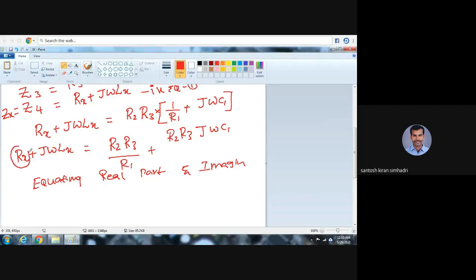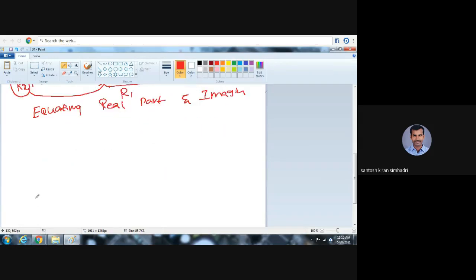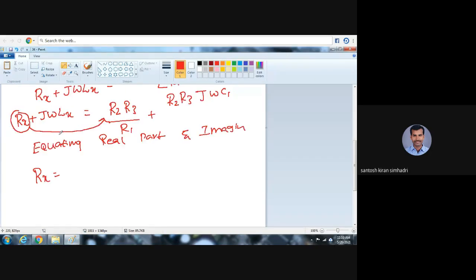This Rx is directly equal to this real part. Both are real. So finally, I will write these two expressions. One is Rx. Rx equal to R2 into R3 by R1. This is the final expression. I will take one box.